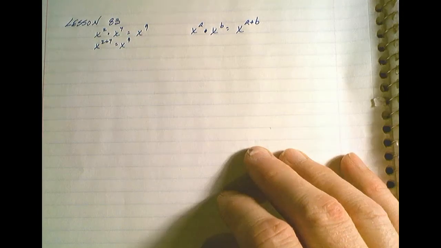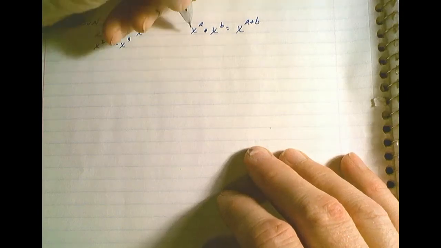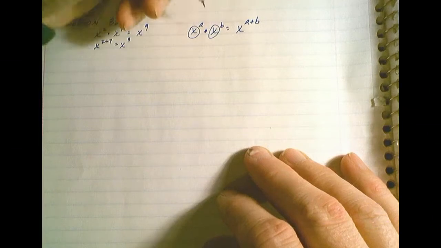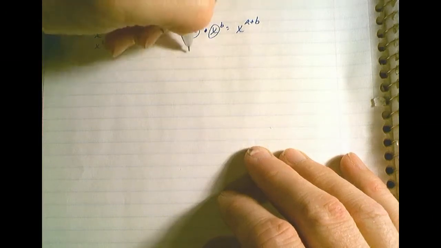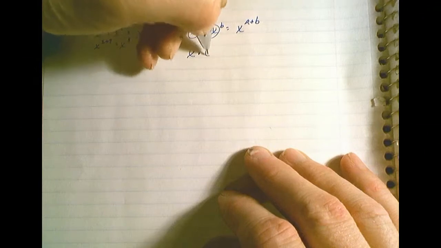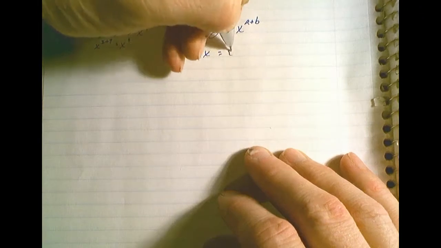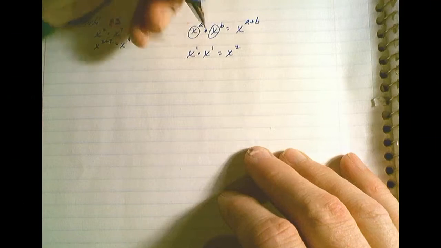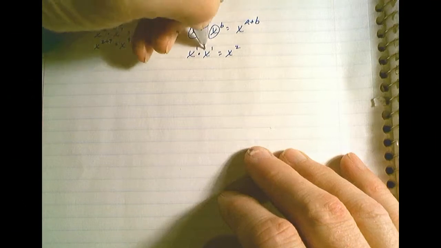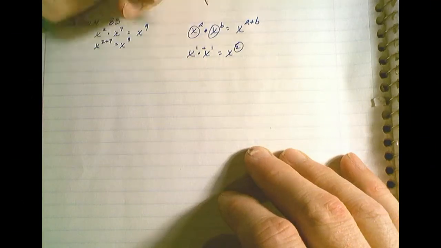Do not think that because you took an x times an x, you're going to get an x squared with the a plus b, because x times x is x squared only because there's a 1 there and there's a 1 there, and you add them together and you get 2.